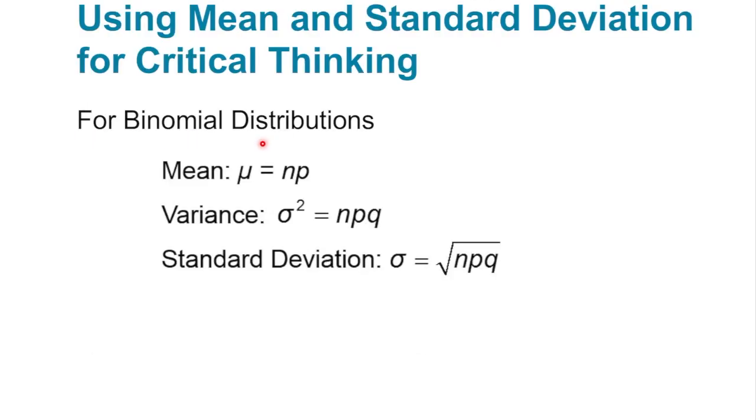For a binomial distribution, mean is equal to n times p, variance equals n times p times q, and standard deviation equals the square root of n times p times q.